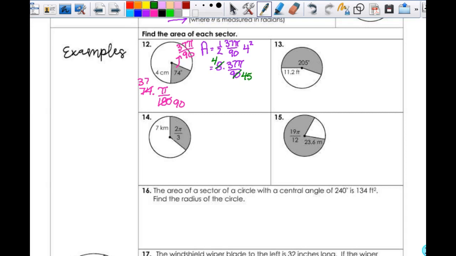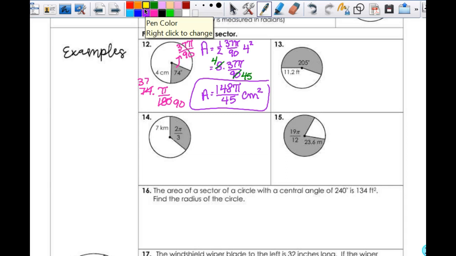You really shouldn't have to think too hard on that. 74. Okay, so 2 times 37 is 74. What's 74 times 2? 148. So 148 pi over 45. That is the area. What do the units look like on this? Centimeters squared, because it is area.